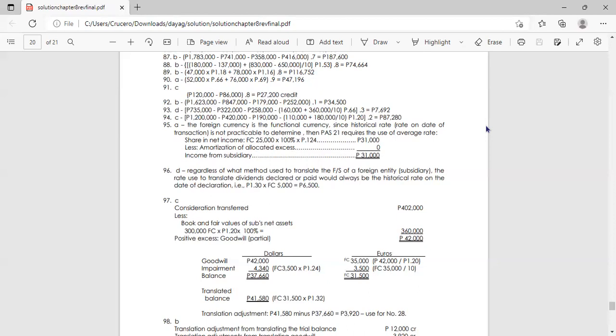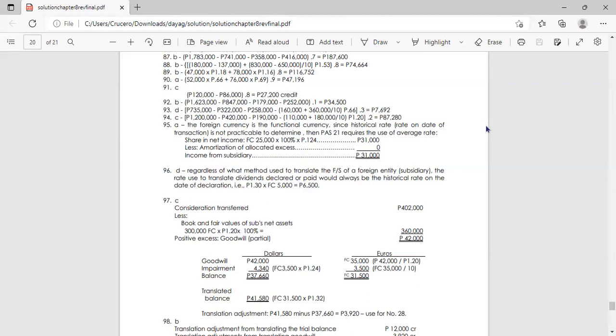The question for number 94: what is the peso amount of the cumulative translation adjustment with respect to the purchase differential that appears on the consolidated financial statements?